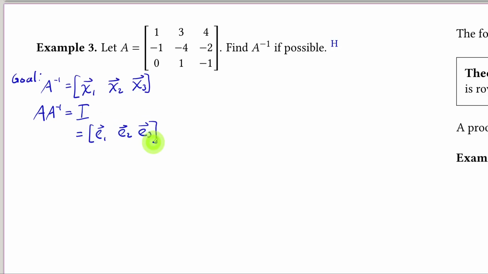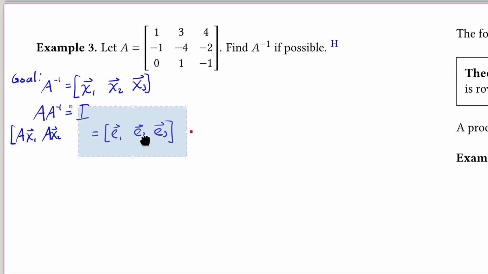And also, doing A times A inverse here, using the definition of matrix multiplication, is the matrix whose columns are A times x1, A times x2, and A times x3.